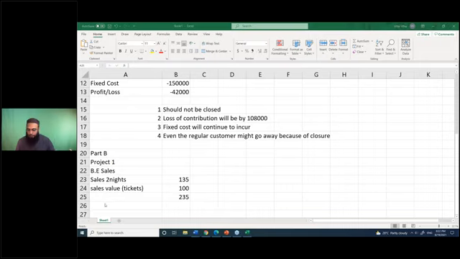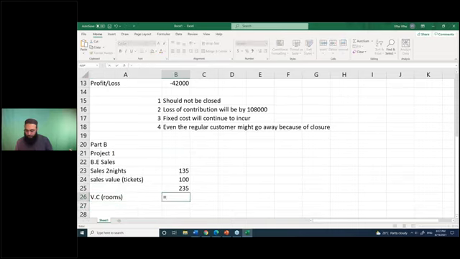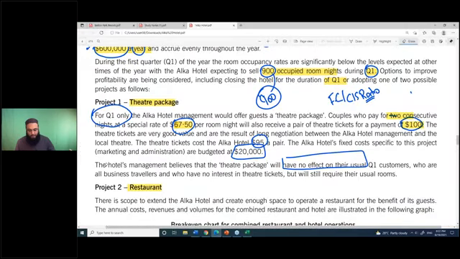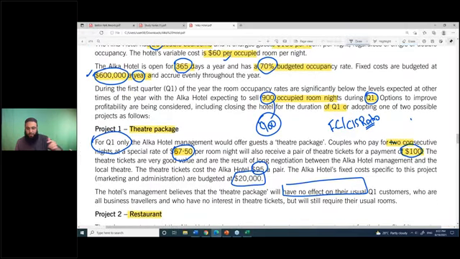Now, variable costs for rooms will be how much? It's simple. It's a 2 night stay, and each day the variable cost is 60, as we have already seen earlier.